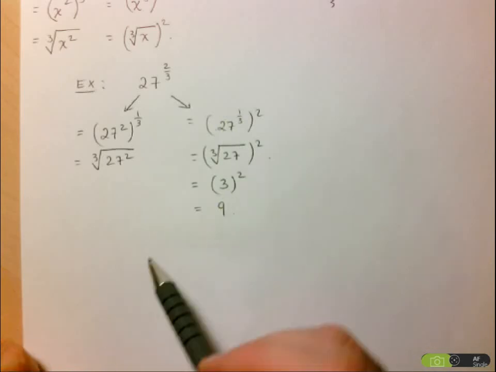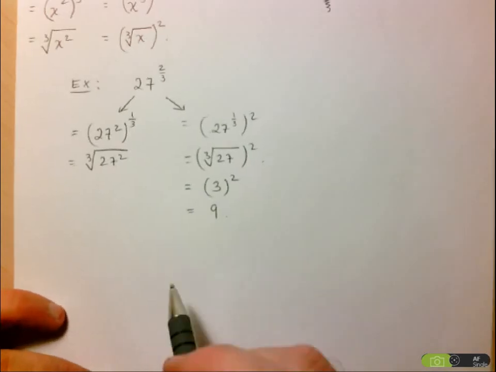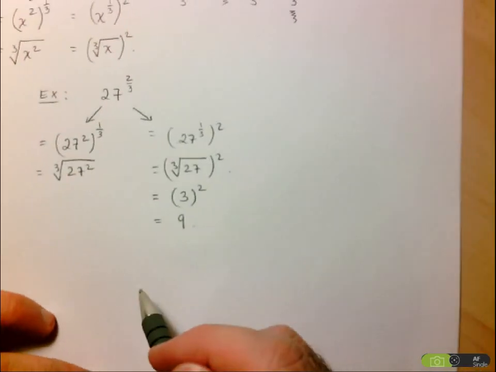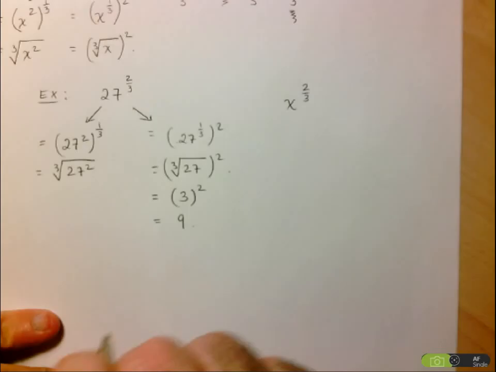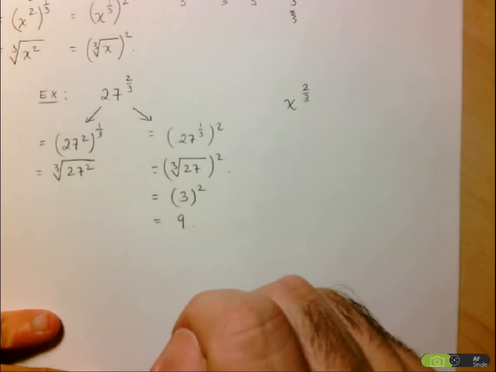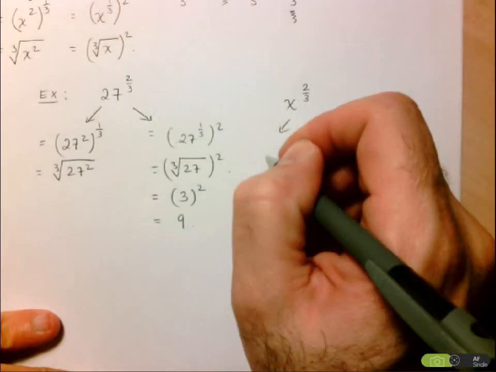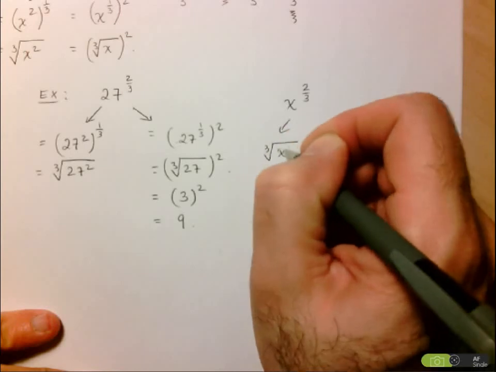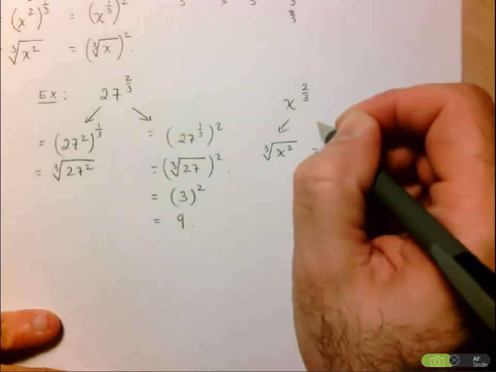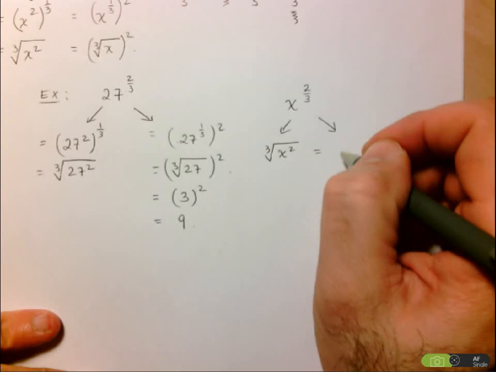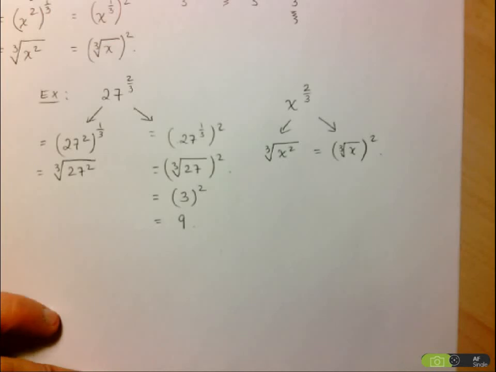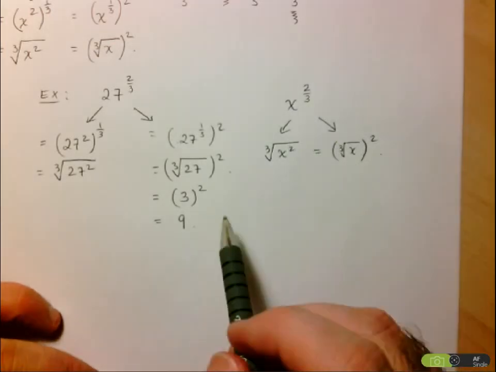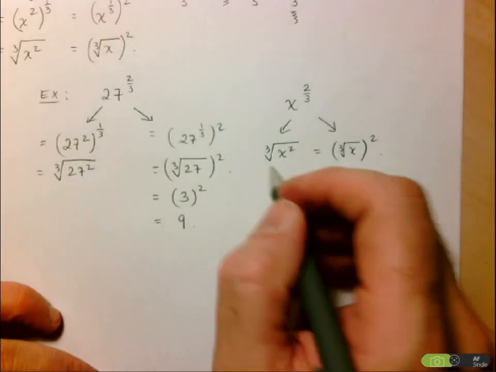Now, let's say you're not actually calculating a power. Let's say you've got a variable there. Let's say you had x to the 2/3 as opposed to a particular number. So again, you have two options as we saw before. We have the cube root of x squared, or we have the cube root of x, squared. When we're not actually simplifying the expression, we tend to choose this one here.